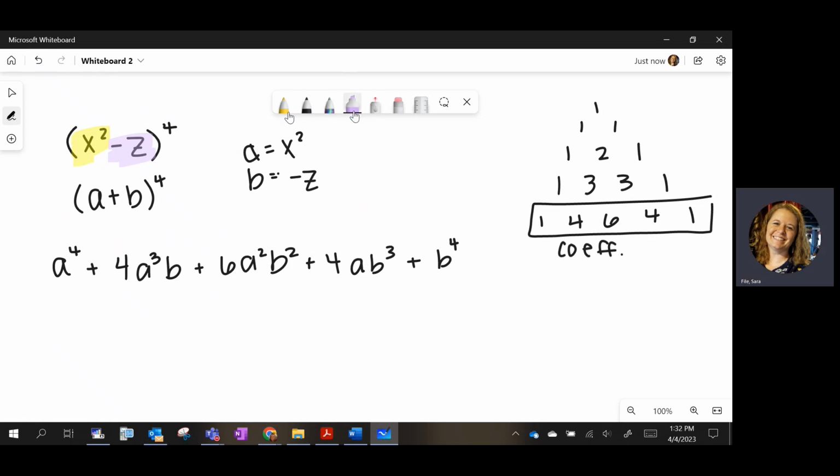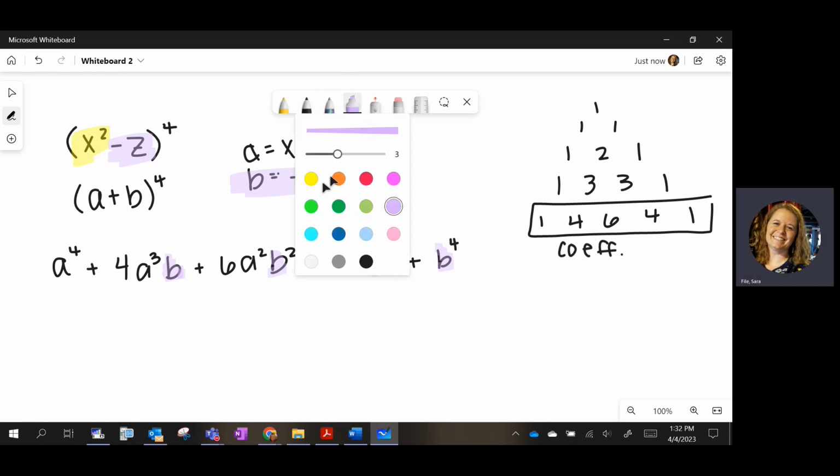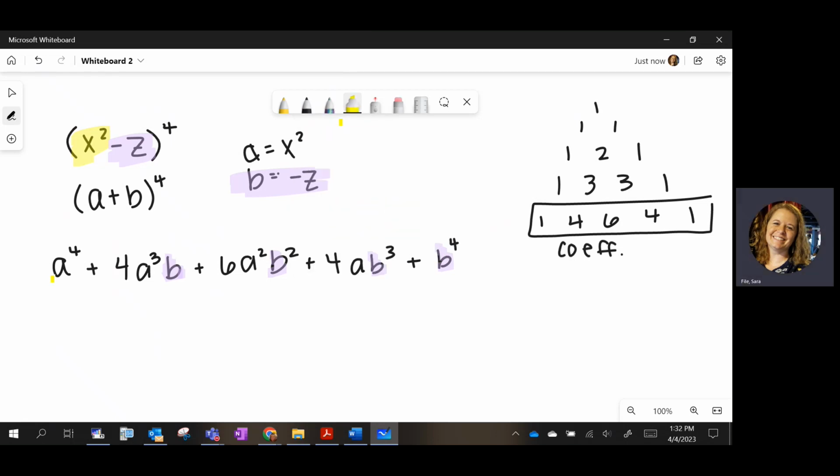So now I'm going to make those substitutions. Everywhere I see B, I'm going to put negative z, and everywhere that I have A, I'm going to put x squared.